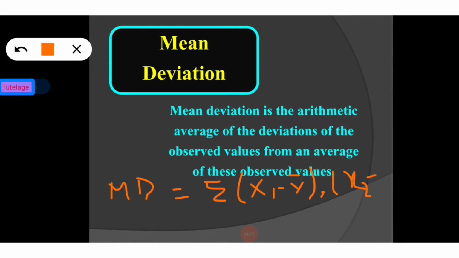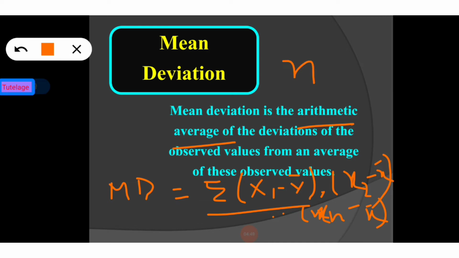x2 minus x bar, dot dot xn minus x bar. Clear? And the arithmetic average, so that means this is the numerator, which is divided by the total number of observations, and in this series the total number of observations is small n.